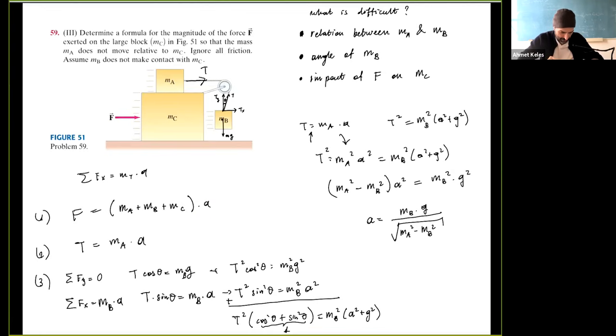Then the force is equal to MA plus MB plus MC times MB times G divided by MA squared minus MB squared. So that's our final result.